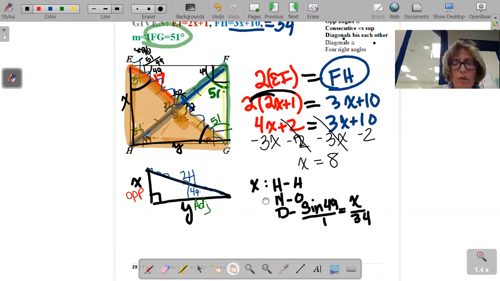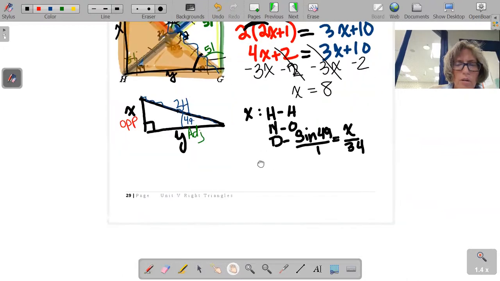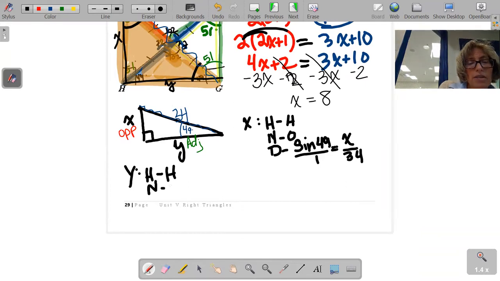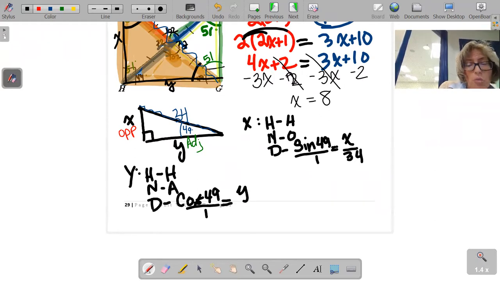I'm going to set both of them up so it's easy here. And then our Y, we have the hypo, we need the adjacent for the Y, and for that one, it's A, so we're going to do cosine 49 over 1 equals adjacent, which is Y, over hypo, which is 34.